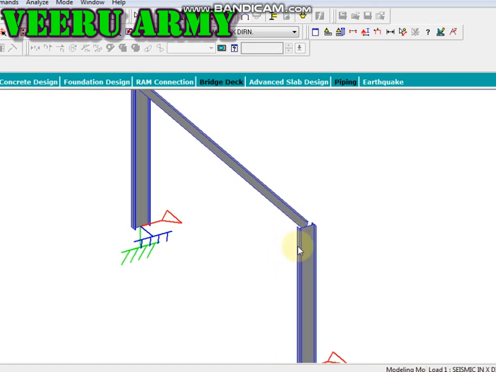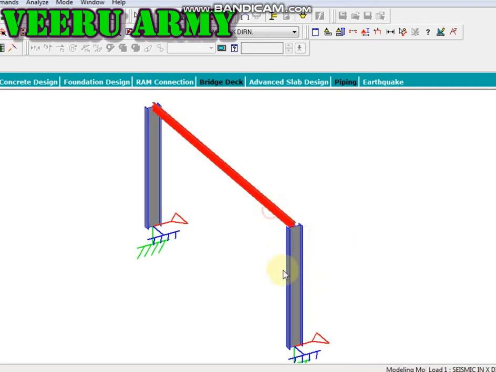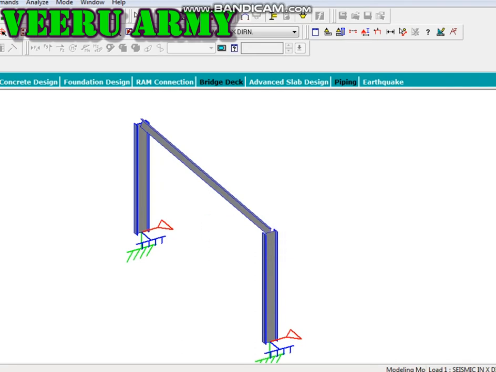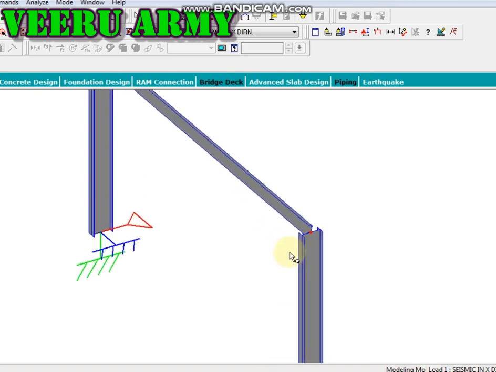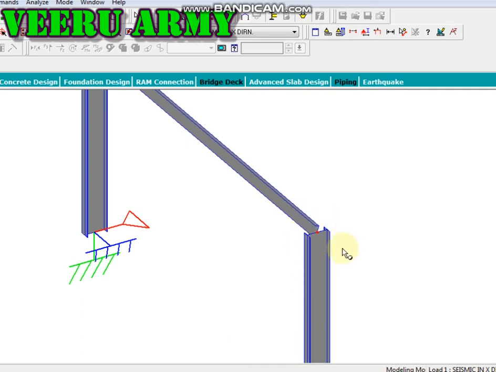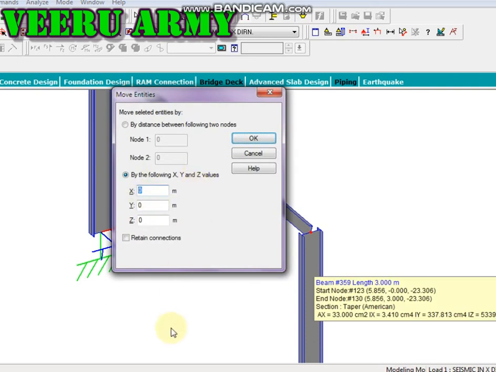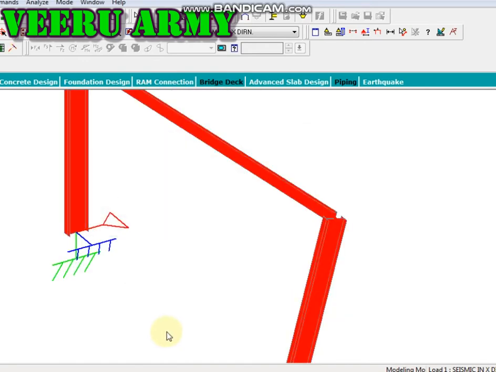Okay, the z-axis of this column is along its flanges. This is the z-axis. For the z-axis, as per the z-axis, the column will be moved in such a fashion.